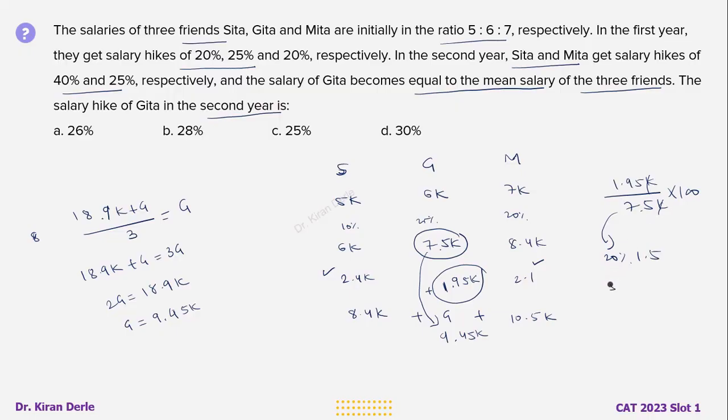What is 5% of this? 5% of this is 0.375. Half of 75 is 37.5. That's why I'm doing it. Okay, so 25% will become 1.875.